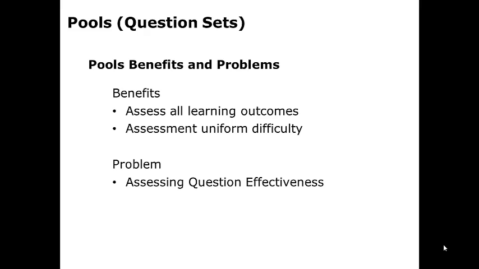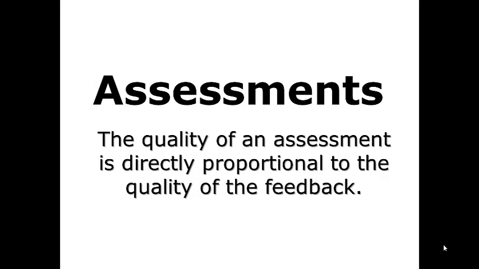Now, there is a problem: assessing question effectiveness. Since there is no way to do a statistical analysis of how a question behaved in a particular setting, because not every student had that particular question, you have to do something to alleviate bad questions being in an assessment. And this is where feedback comes into play.